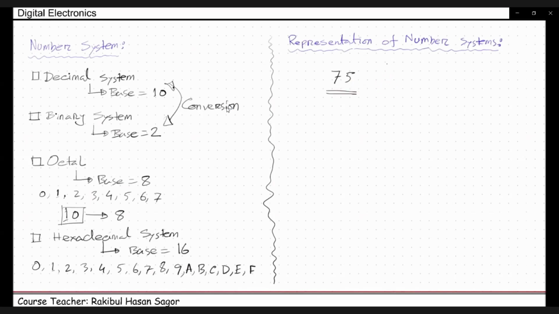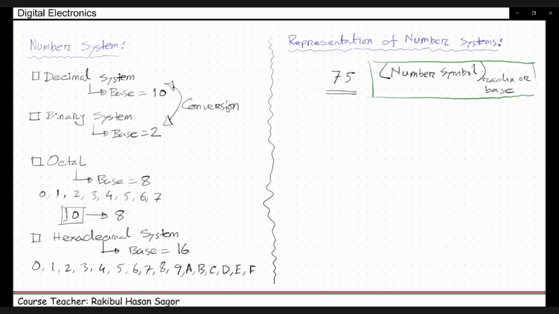So whenever we write a number in this course, we write the number symbol, closed by a bracket, and at the right bottom corner of the bracket we write the radix or base. This is how we need to represent a number in this course in order to remove all sort of confusion.